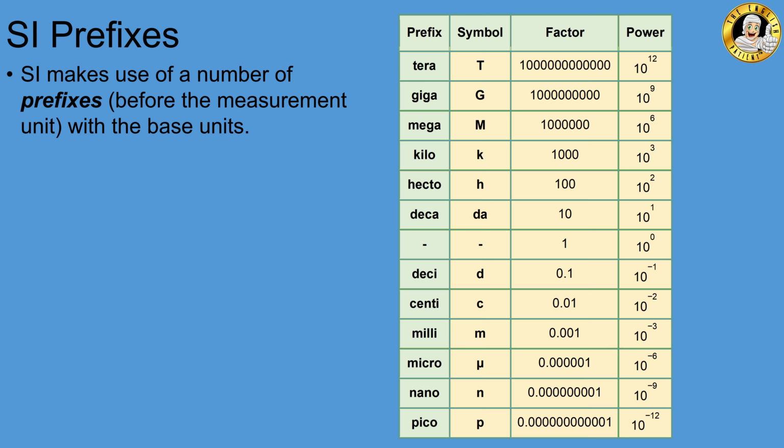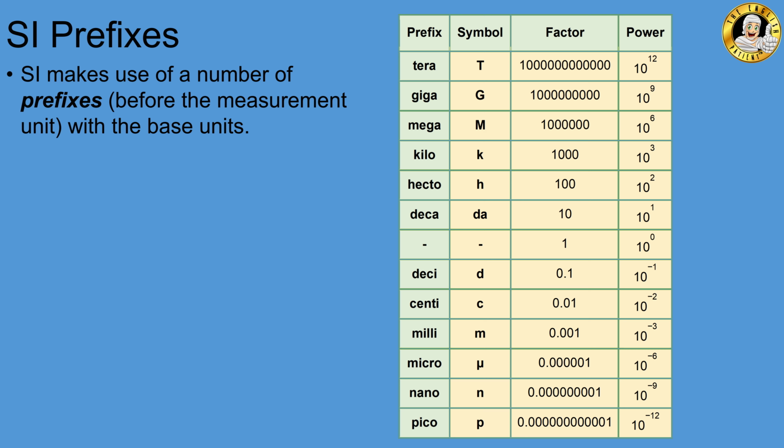Now, if you want to go to smaller units, and you're probably familiar with these prefixes as well. For example, deci, a small d, is 10 to the power of minus 1. Centi, as in centimeter, would be a small c, 10 to the power of minus 2. Milli, small m, is 10 to the power of minus 3.